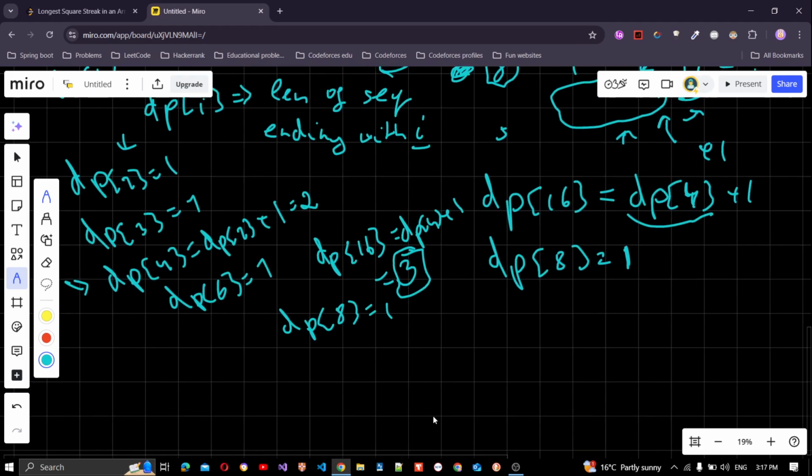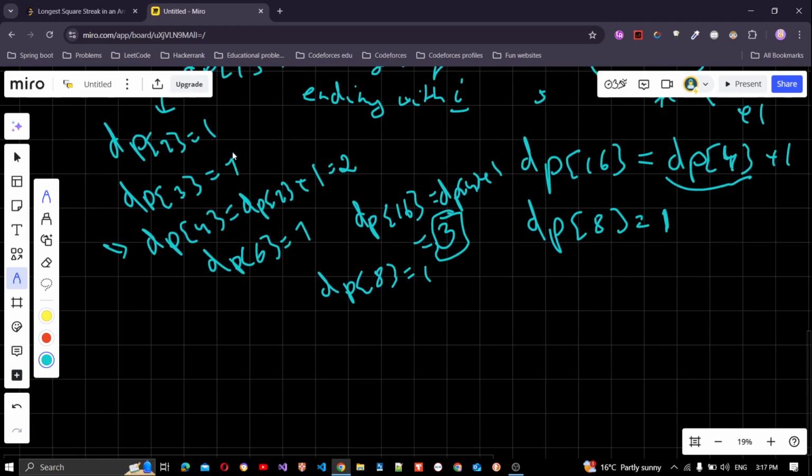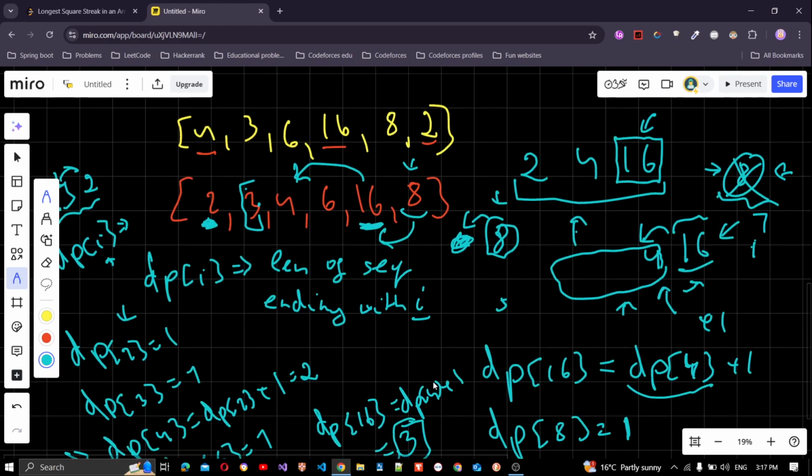And in case there is no such sequence, the maximum value will be 1. If that is the case, we'll just return -1 because the length has to be at least 2. So that's the whole idea of this problem.